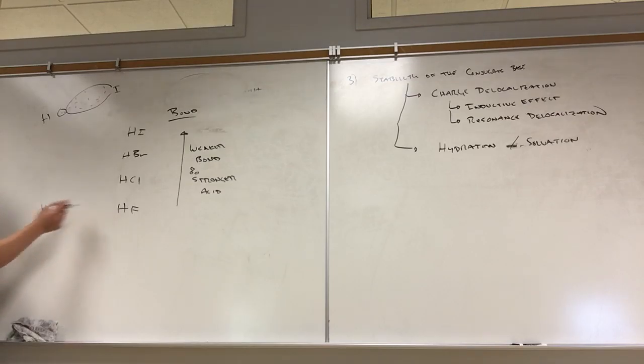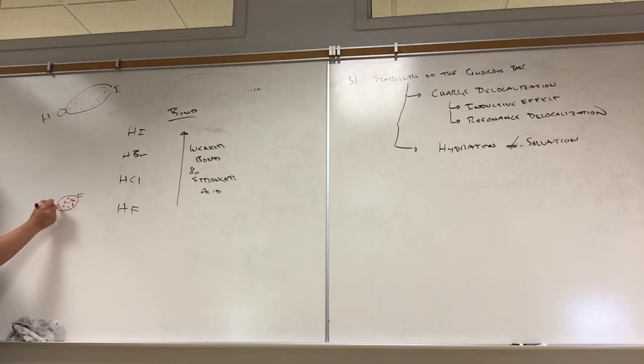Versus something like HF, fluorine has a very small orbital. The small orbital is going to concentrate that electron density in a smaller volume of space. And fluorine is actually quite a bit more electronegative. So not only is it more concentrated, but fluorine distorts the electron cloud and pulls more electron density towards it.